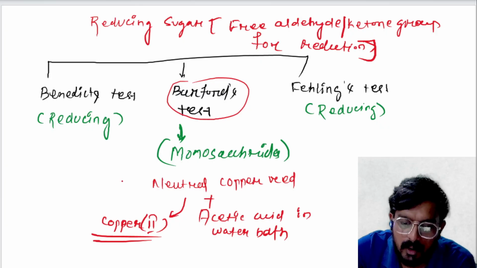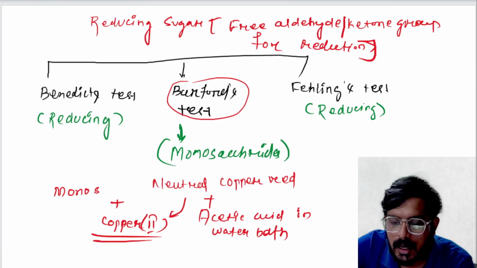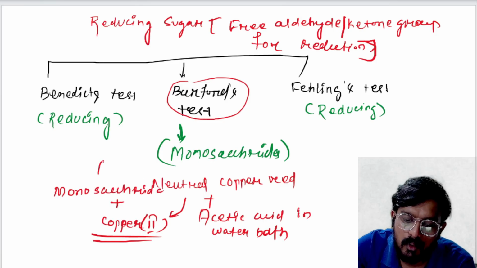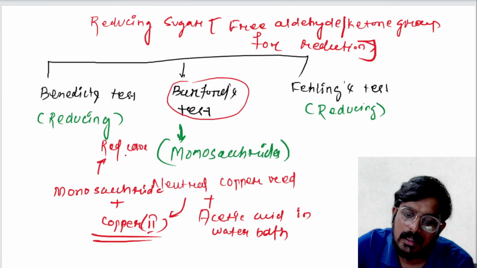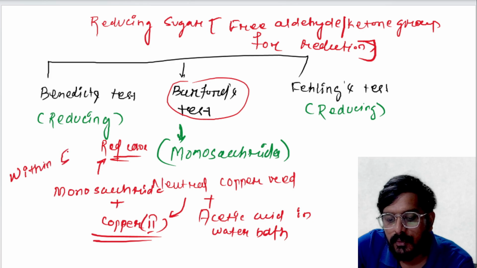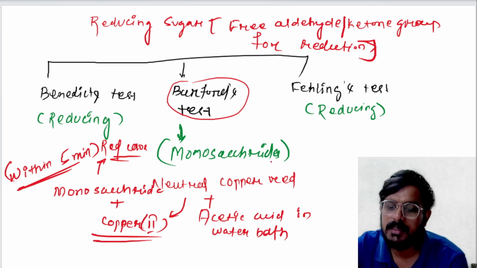This free copper ion reacts with the monosaccharides. When it reacts with a monosaccharide, it forms a red color precipitate, and this red color develops within 5 minutes. If the red color develops within 5 minutes, then we call it a monosaccharide.